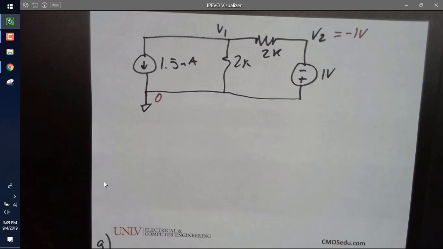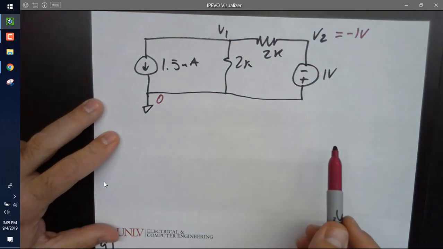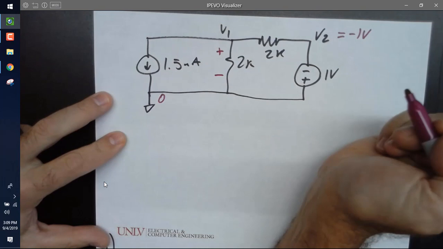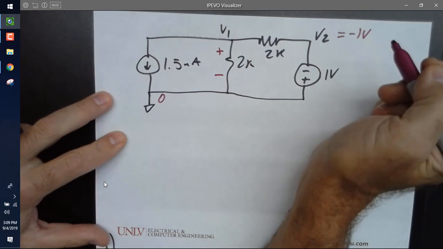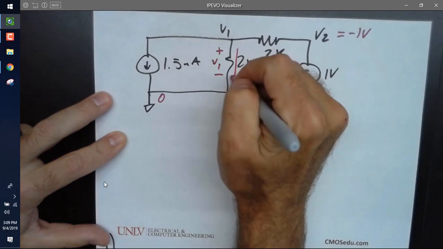I want them to do a KCL, but what's something simple that I can do at this point? No, I can't do a voltage divider because I've got two currents. When the current comes here, it's split, so that doesn't work with the voltage divider. I mean, really simple. I could label this resistor's voltage what? V1. It's already labeled.